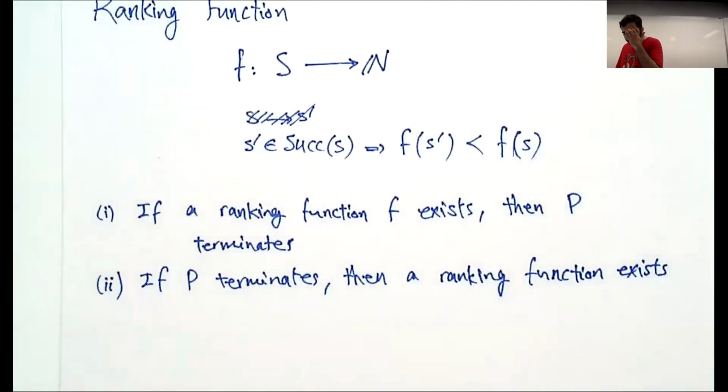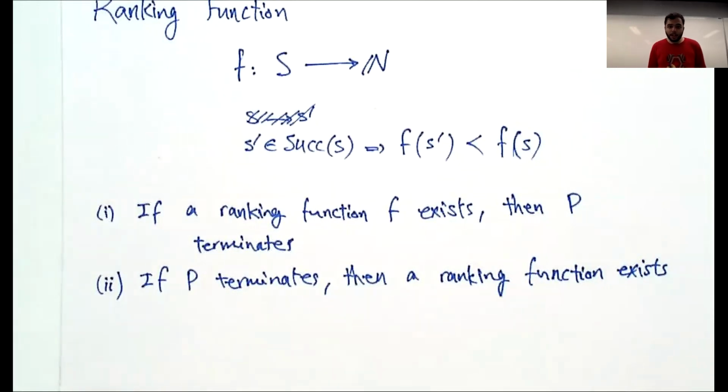We will talk about non-determinism later on. For now, we are in the simple case. So why is this true? I have a program P, and my program P always terminates. Why should I have a ranking function?